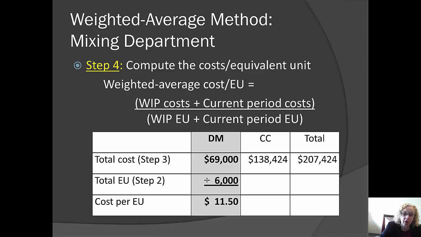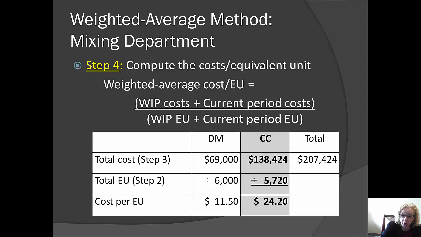And we get a number, 11.50. That tells us that in a mix between old costs and new costs, each equivalent unit for materials holds about $11.50 of materials cost.